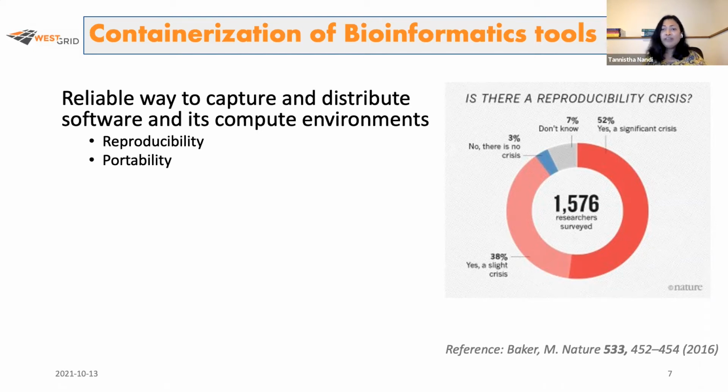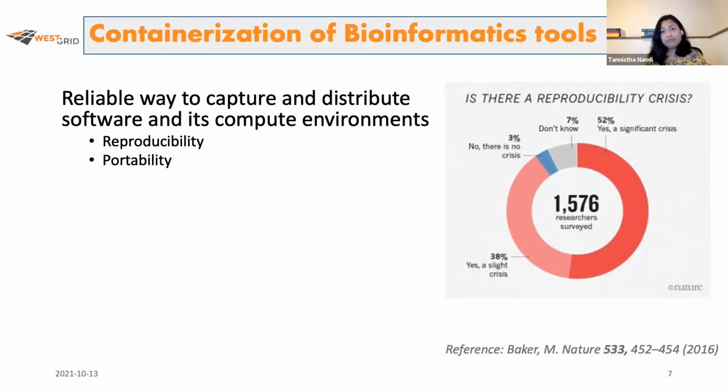And I'm sure if you have worked in the lab, or if you do any type of informatics analysis, you can tell that if you try to reproduce people's analysis, it's not always super straightforward, right? And this is one of the main reasons why containers are very helpful.